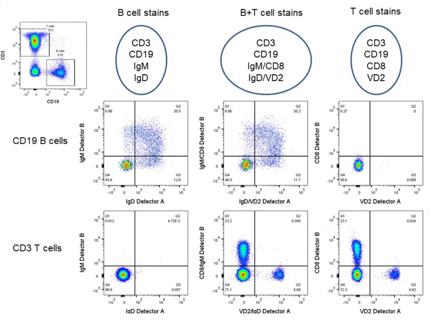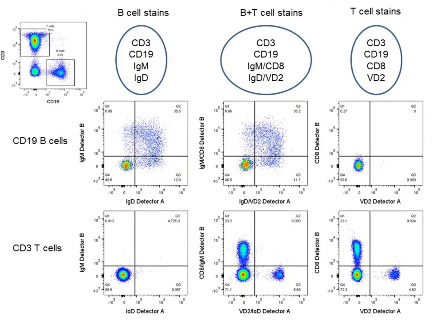You see, for example, on the top, the IgD and IgM staining in the B cell stain, so upper left. If you add the B and the T stain, here in the middle, which is the Sentinel approach, you see that you have the same profile in this case.